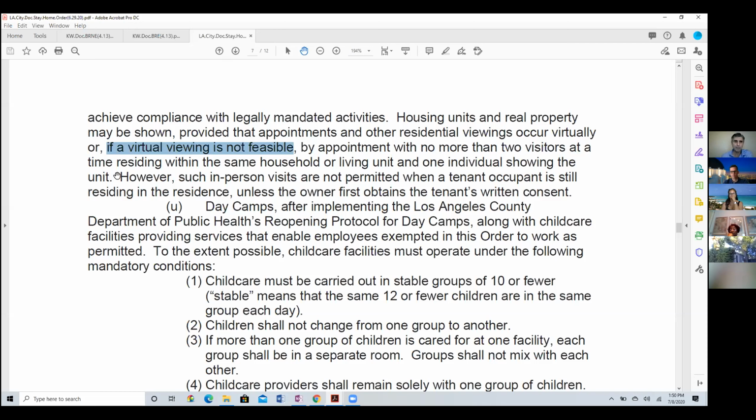Now, here's the bottom line, literally. In-person visits are not permitted when a tenant occupant is still residing in the residential unit unless the owner first obtains the tenant's written consent. Well, that goes to exactly what I said earlier. So it says that we're not supposed to have any visits to a tenant occupied residence unless the owner first obtains the tenant's written consent.